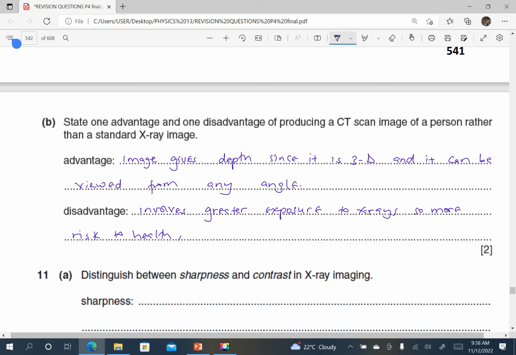Not forgetting that it is even more expensive.